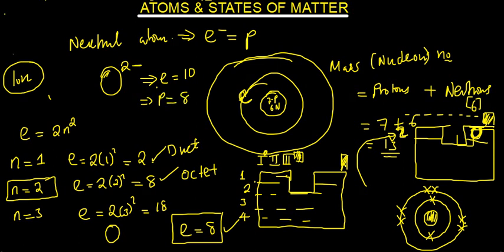So when an atom loses or gains electrons, the protons are not affected. Okay, so this is how it is going to end up. Are we good? All right.